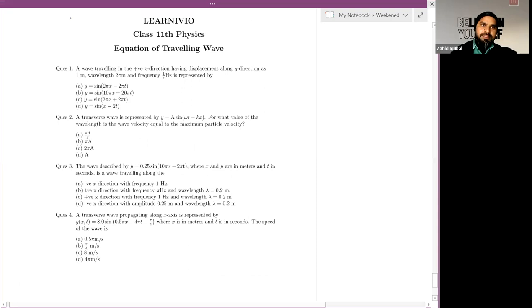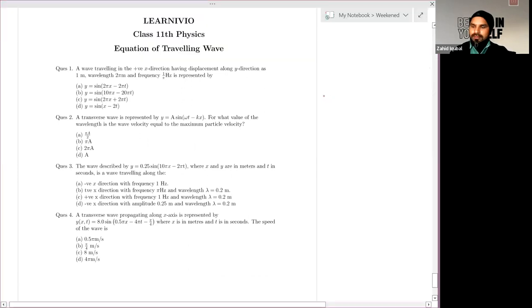Let me define your first assignment. Try to solve this first question on your own, in which we have a wave traveling towards positive x-axis, having displacement along y-axis, 1 meter as amplitude, 2 pi meter as wavelength, and 1 by pi as frequency. So amplitude we have 1 meter.